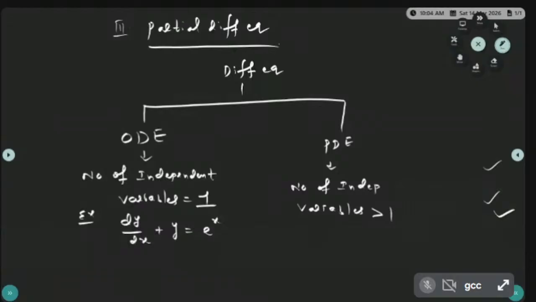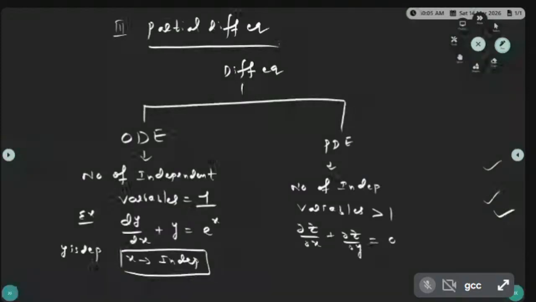But coming to this example, dou z by dou x plus dou z by dou y equal to 0. What is the dependent? Always the variable which is in the numerator is dependent, and the variable in the denominator is independent.